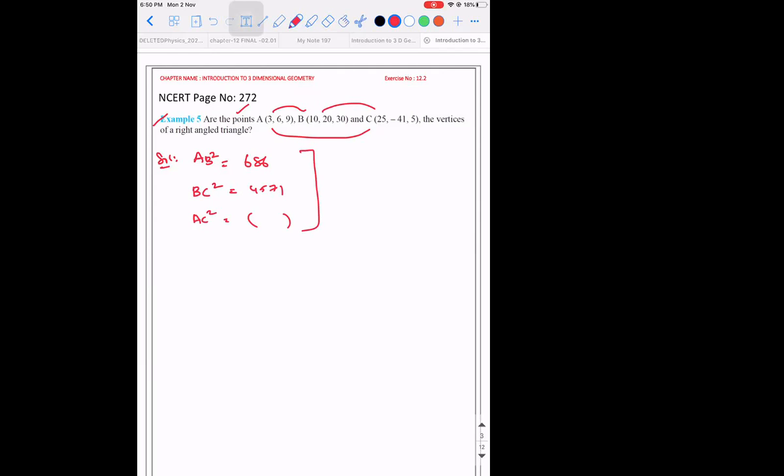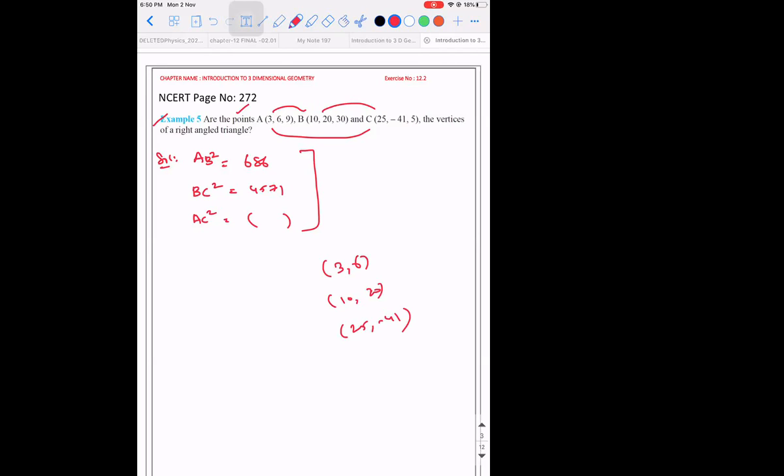Yes, sir. Okay. See, had the same question come in 2-dimension, we learned straight lines. So if the same question I asked you like this, 3, 6, 10, 20, 25, minus 41, if I ask you to find if they belong to a right angle triangle, I'm suggesting you should not use the distance formula.